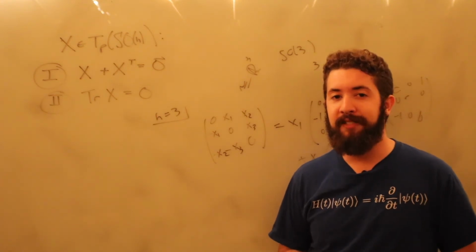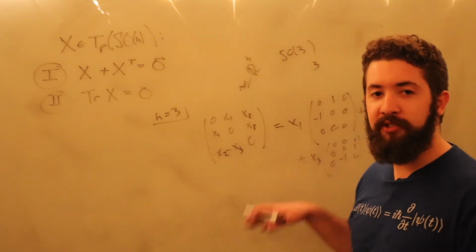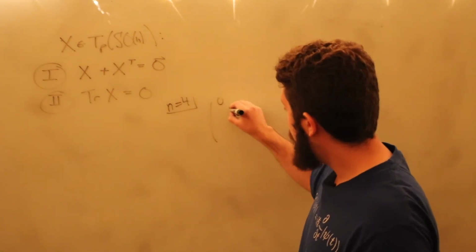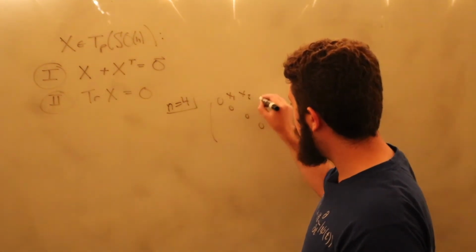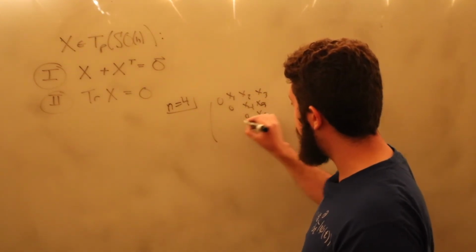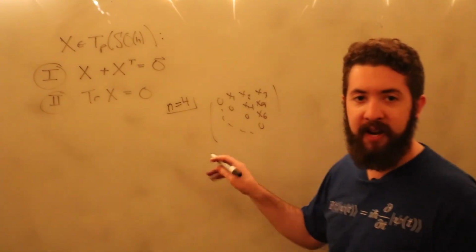Now, how do we show that that's not true in higher dimensions? Well, we have to look at more of the general case here. All right, let's look at one more. So in the n equals 4 case, we'll do x1, x2, x3, x4, x5, x6, and then these are all the negatives flipped of those. I'm not going to write all of them down.